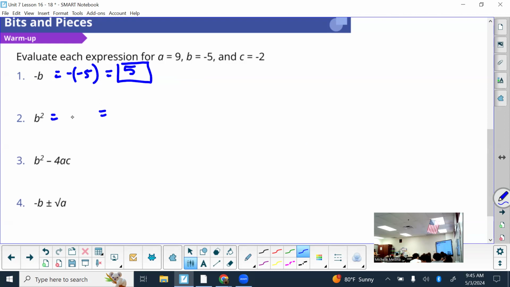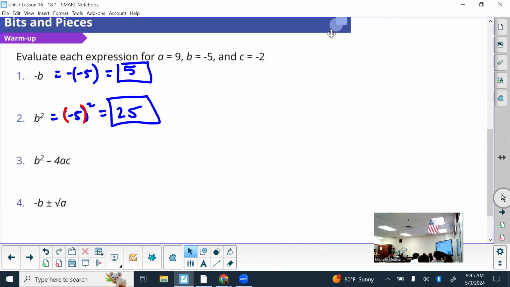So we plug in a -5 for the b, we square it. If you accidentally did -5, I don't really know. What's -5 squared? A positive 25. So I can't stress this enough, you need to use parentheses. If you type in just -5 squared, and I'll show you.